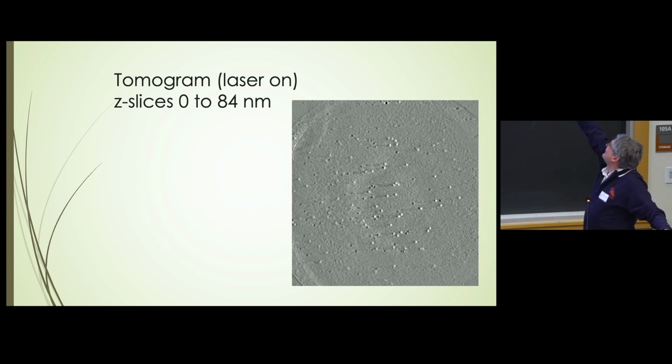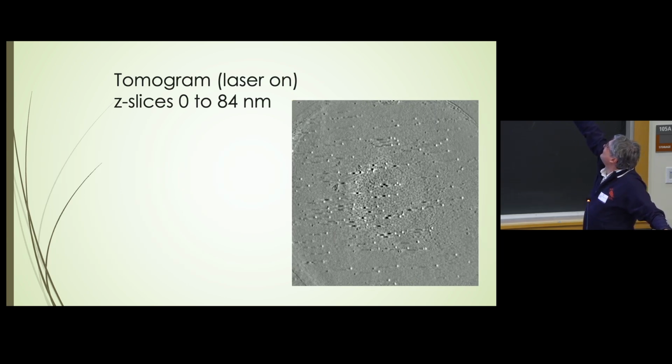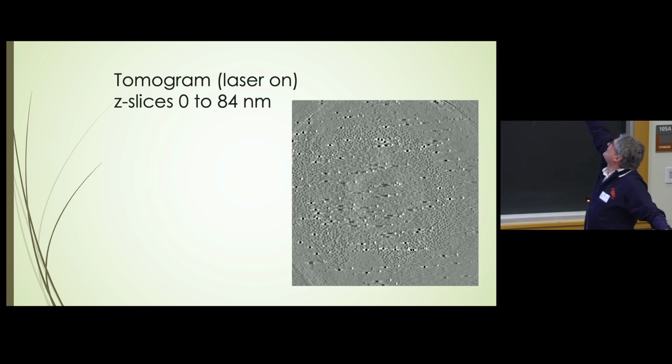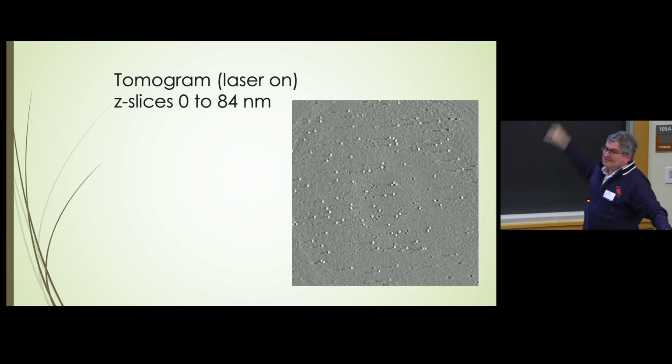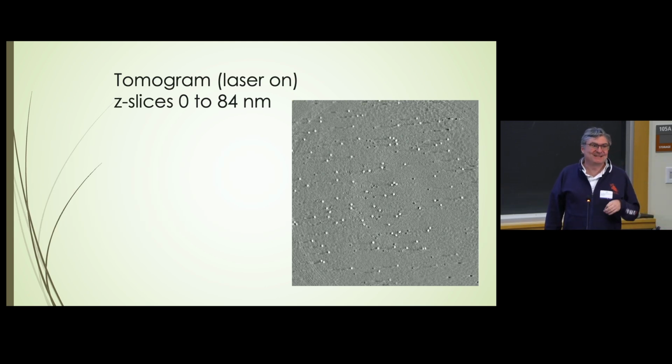And you see that now we're in the bulk, and now we're reaching the back surface where all the particles are. So this is, of course, a small step for humanity, but what it does show is that we can keep the laser aligned throughout a tilt series.